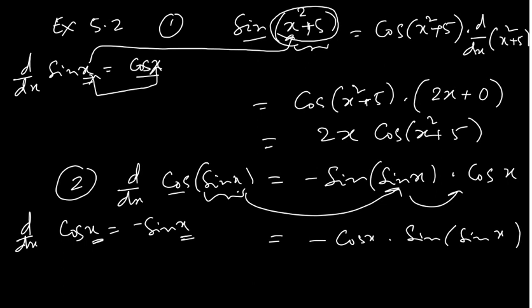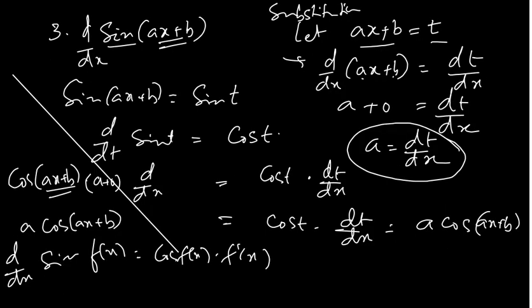So this is what they actually recommend in the textbook. So you can do either way, both are correct. The t method also is correct. Because you substituted it as sin t, you will first differentiate that with t, then multiply dt by dx.